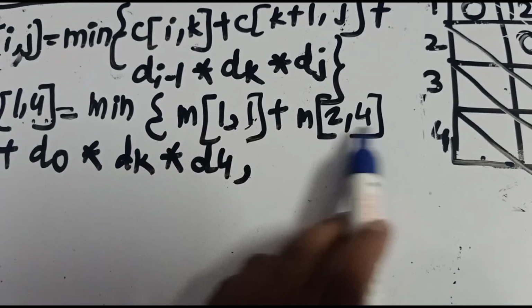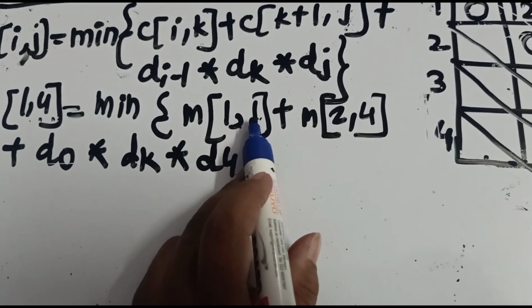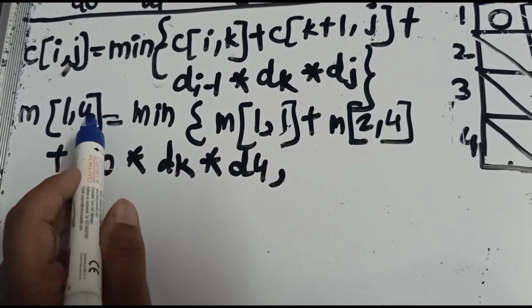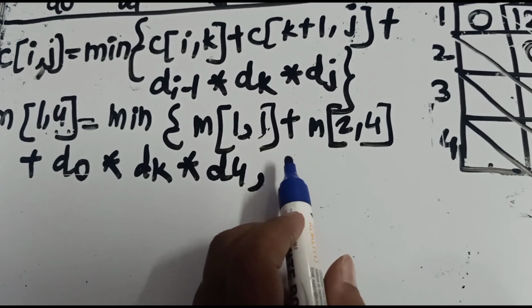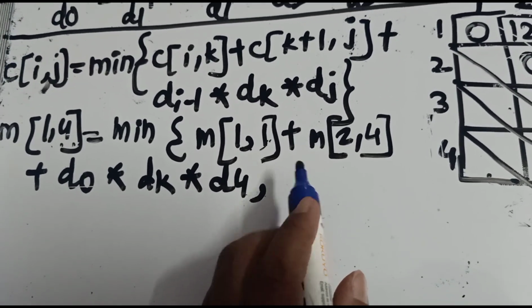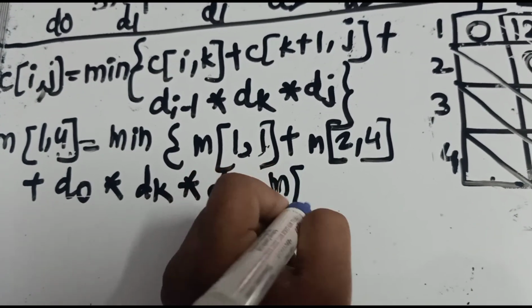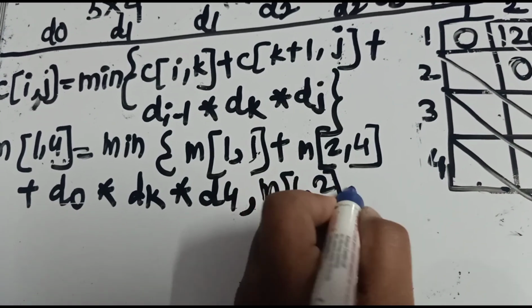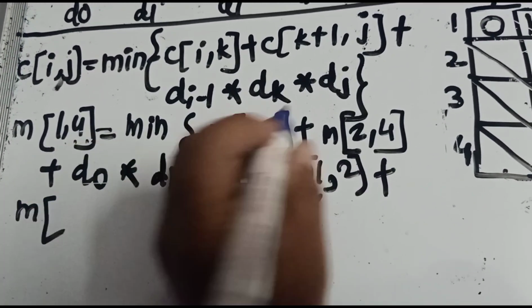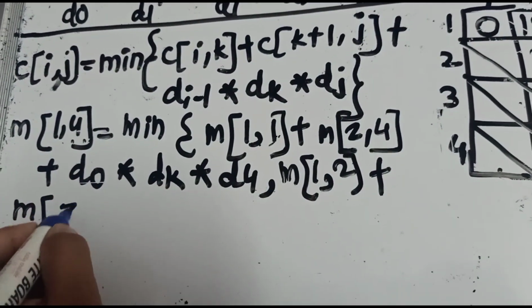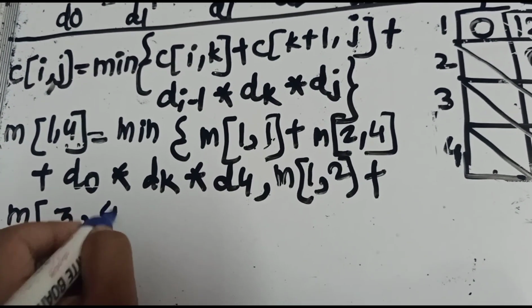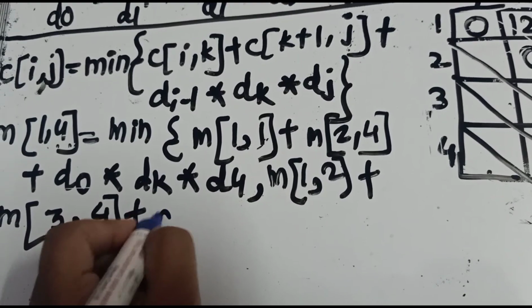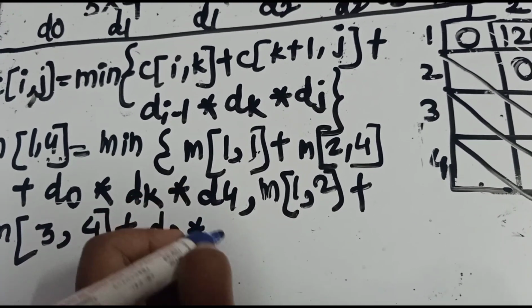This is the equation I get when considering K as 1, with I already 1 and J as 4. Now for the next one, we take K as 2. Again we write it here: M of I, fixed at 1, comma K is 2, plus M of K plus 1, K is 2 so K plus 1 is 3, comma J is 4, plus D of I minus 1, D of 0, into D of K, D2, into D of J, D4. This is what we get when K is 2.